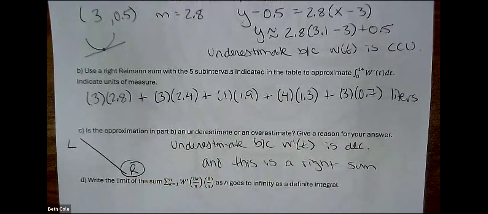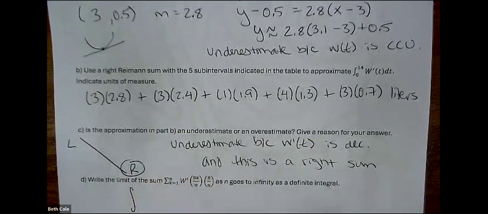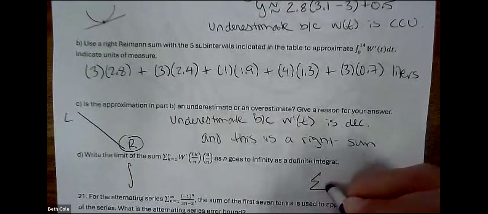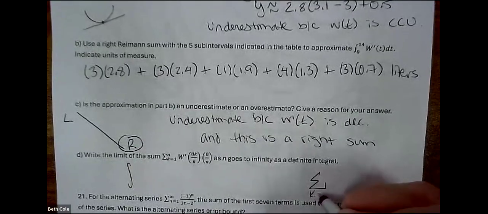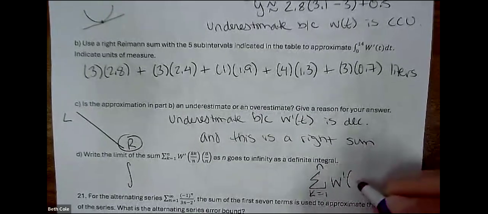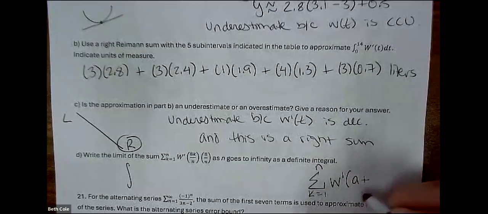All right, and then the last one, we are going to write this as a definite integral. Basically, it's just like a puzzle where you're getting all the puzzle pieces in the right place. Let me write off to the side how this works real quick. So 1 to n, in this case, it's w prime. But you usually have this value where you start. This is like your lower boundary.